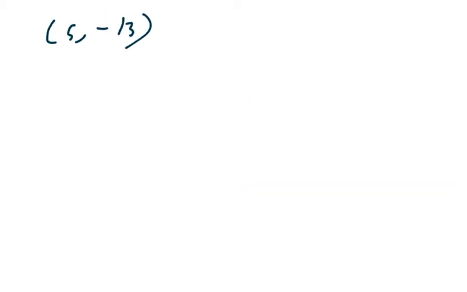For the next one, they're looking for us to write this in polar coordinates. And so the first thing is that r is equal to the square root of x squared plus y squared.